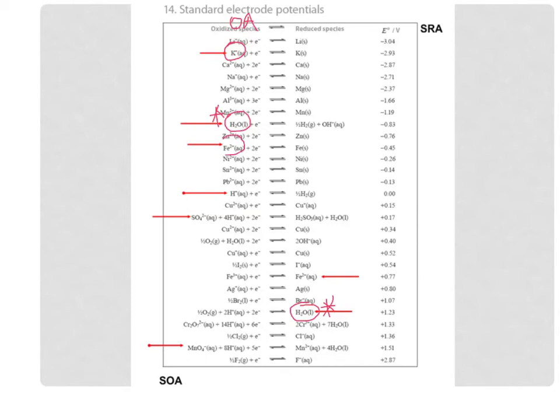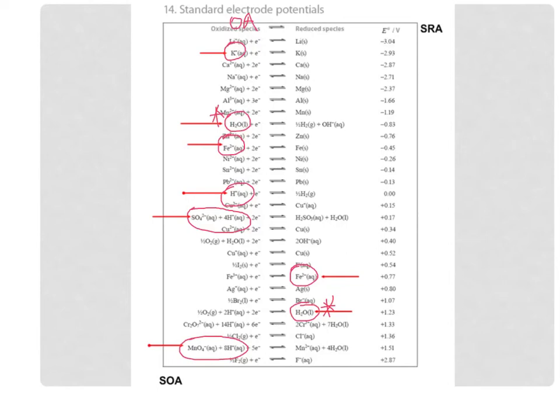Same with Fe2+. In this reaction, it's acting as oxidizing. In this one, a reducing agent. Our H+ is part of this reaction here. Our SO4 2- actually works in conjunction with H+, acting as an oxidizing agent. Similarly, the permanganate ion does so as well.